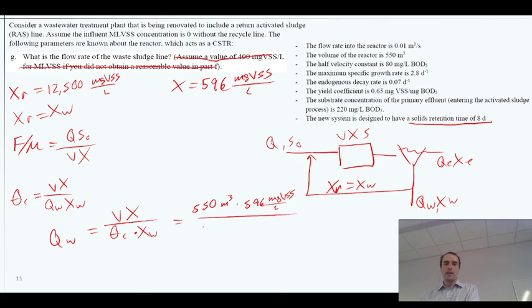Divide all that by 8 days times XW. The units here should cancel with the milligrams VSS per liter, and we'll be left with cubic meters per day. So that's decent flow rate units.